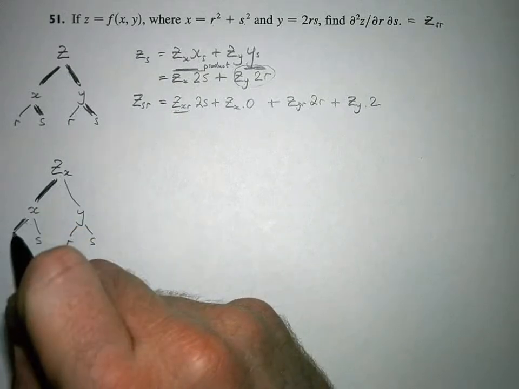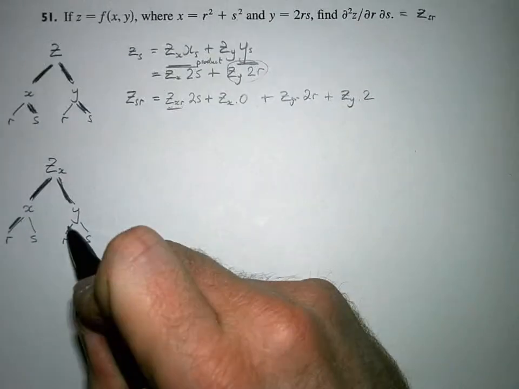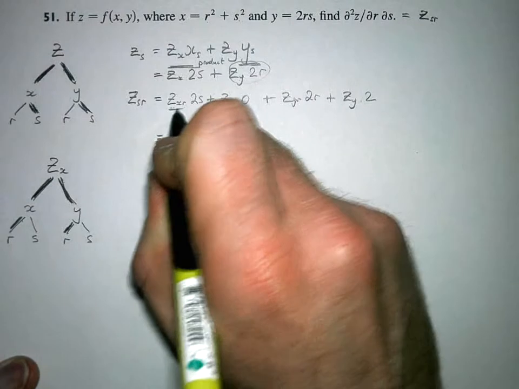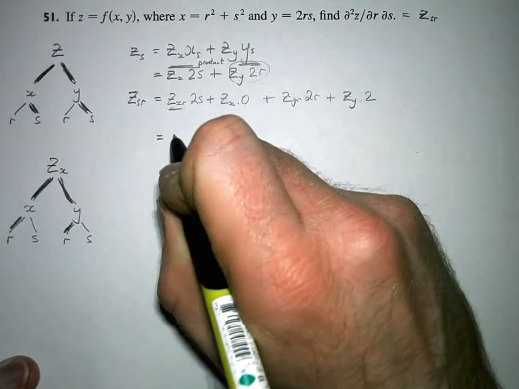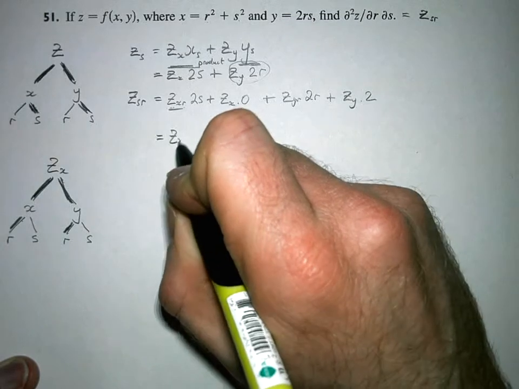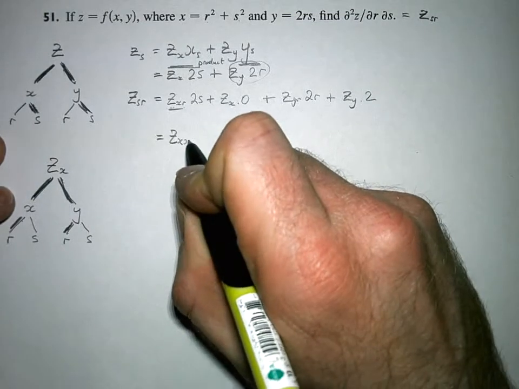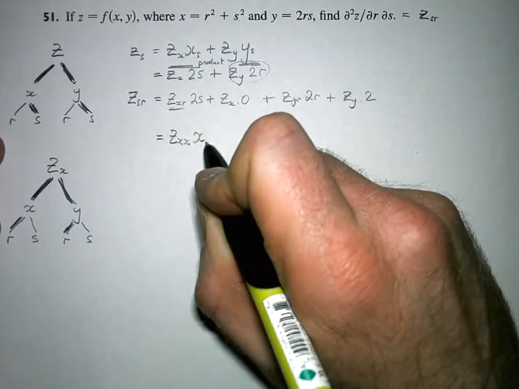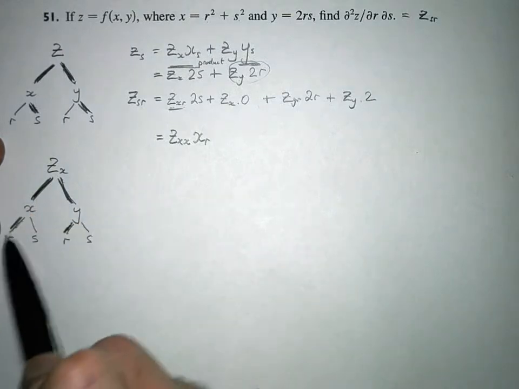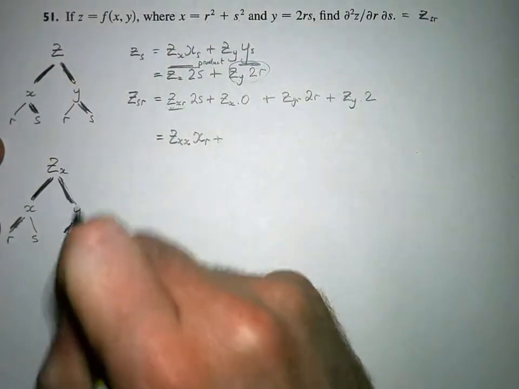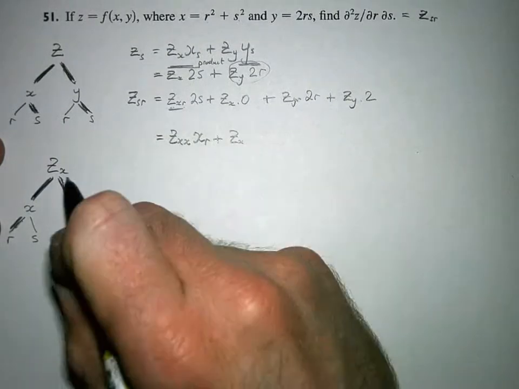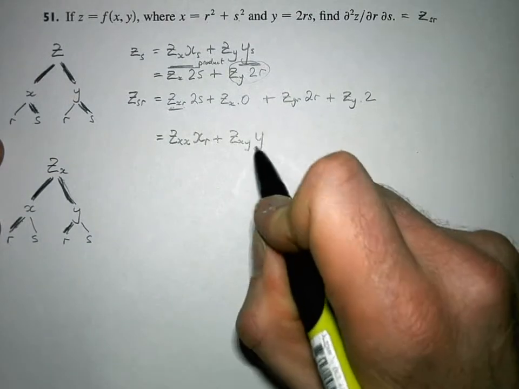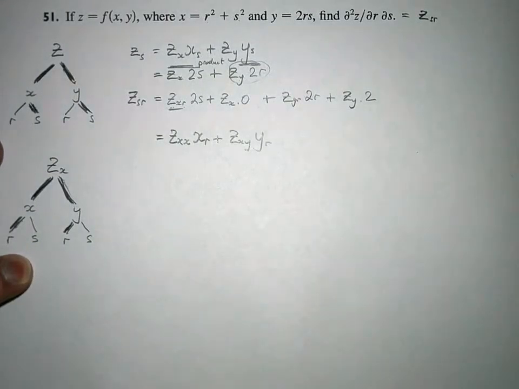Start at zx, how many ways are there of getting to r? Well, there are these two ways over here. So this is equal to these two chains. It's zx with respect to x, that's that part of the chain there, times the derivative of x with respect to r, that's that part of the chain over there, plus this link here, zx differentiated with respect to y, times y differentiated with respect to r.